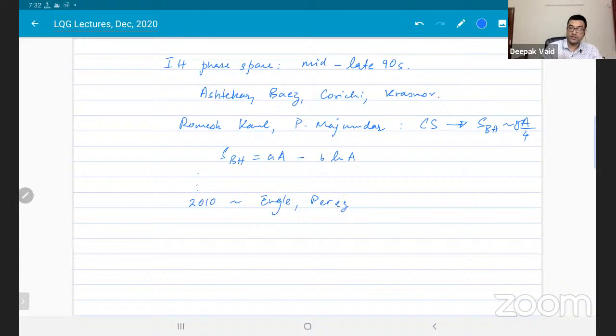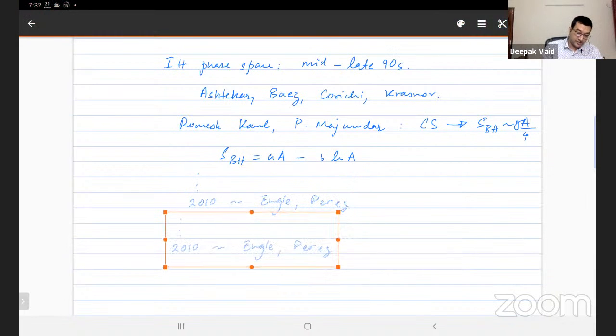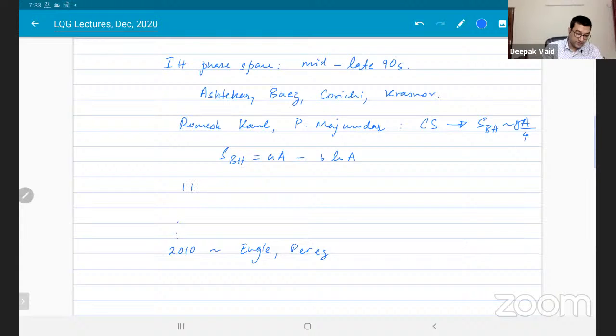There was a lot of work in explicitly calculating this entropy: numerical simulations, enumerating all the black hole microstates and so on, then work using generating functions to calculate this entropy. And of course, before this, I should mention that around the same time, sometime in 1996, I think, Rovelli, and then separately Rovelli and Krasnov.